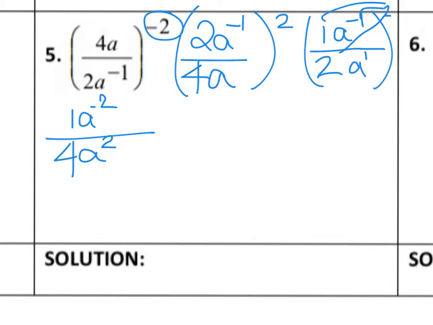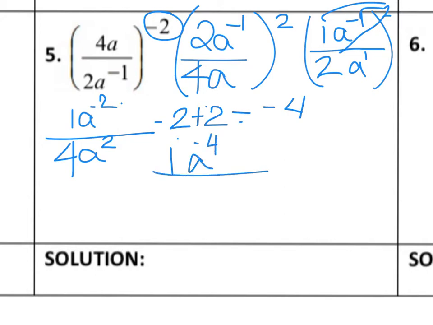So I see I'm dividing, so I'm going to subtract my exponent. So right here I have a negative 2, and I'm going to minus a positive 2. And if I keep flip change, that turns into a negative 4. So now I'm looking at 1a to the negative 4 over 4.